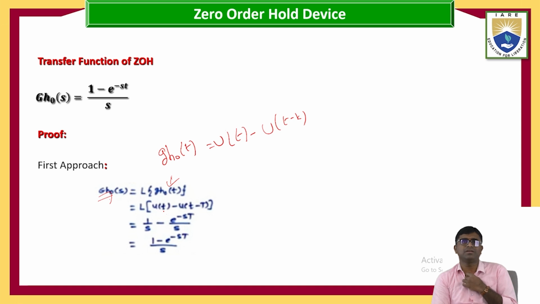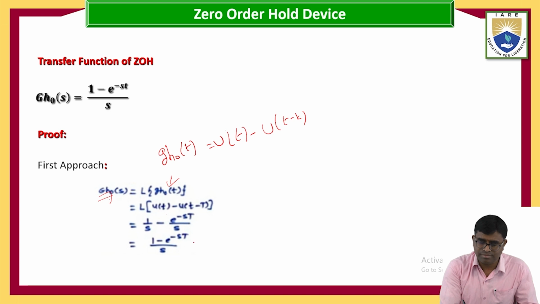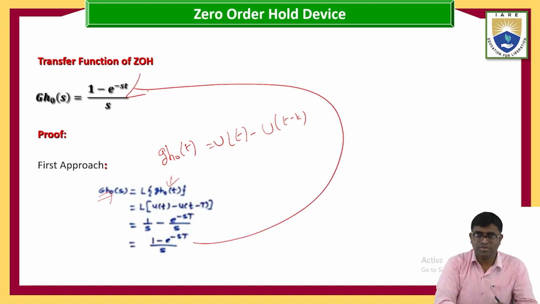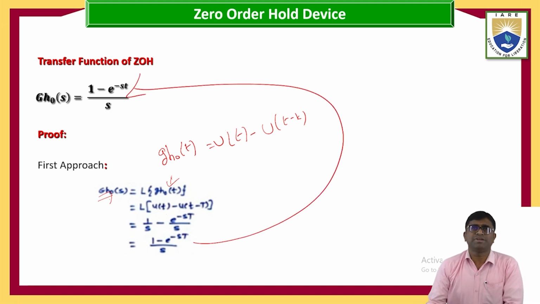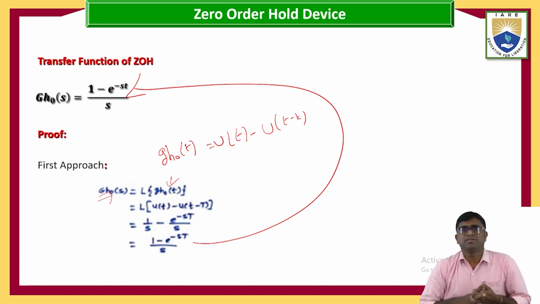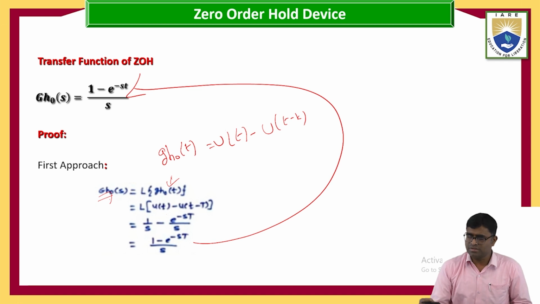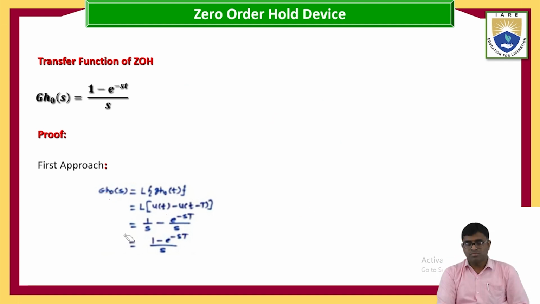So this is matching now: 1 minus e power of minus sT by s. This is your first approach for zero-order hold devices.